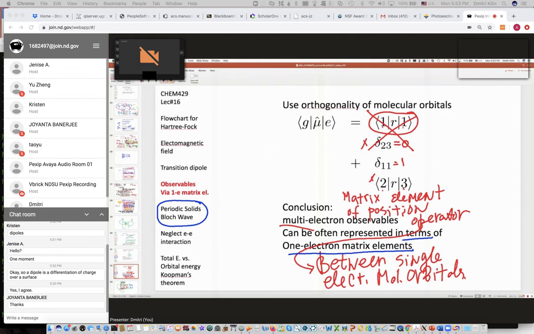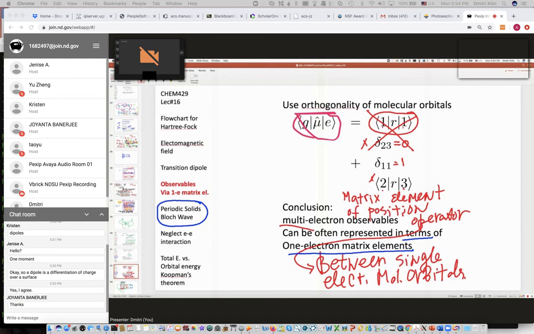Let me finish this little section. This matrix element of transition from ground to excited is the probability that the molecule will interact with the light.